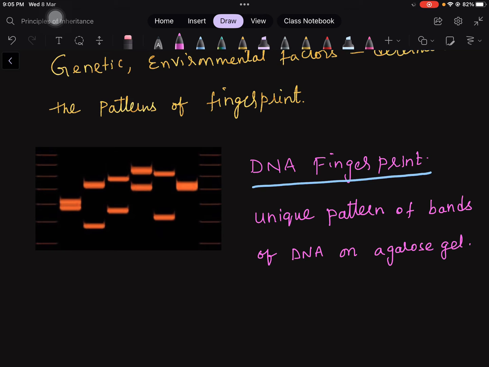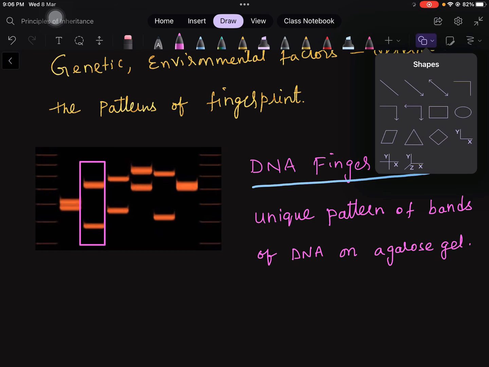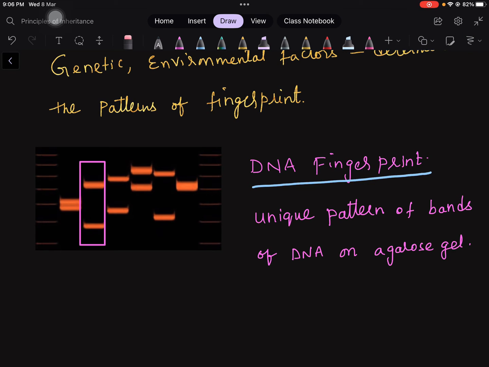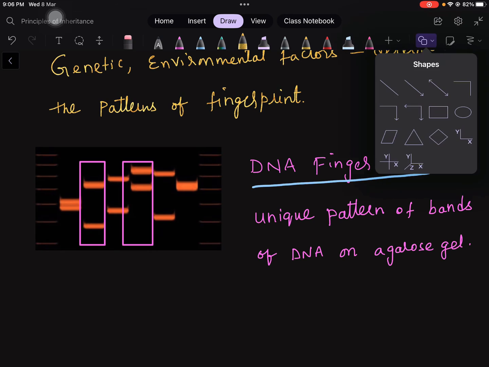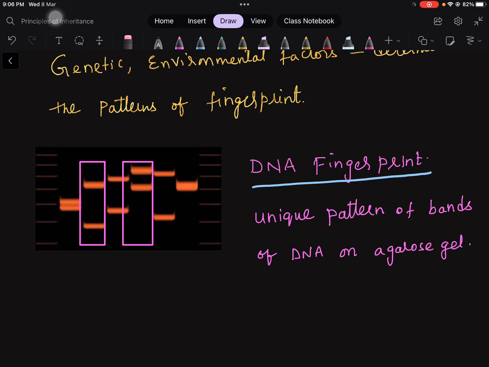As you can see in this image, you can come across specific lanes like this. This is one lane, this is another lane, isn't it? This is another lane. Now this is another lane.